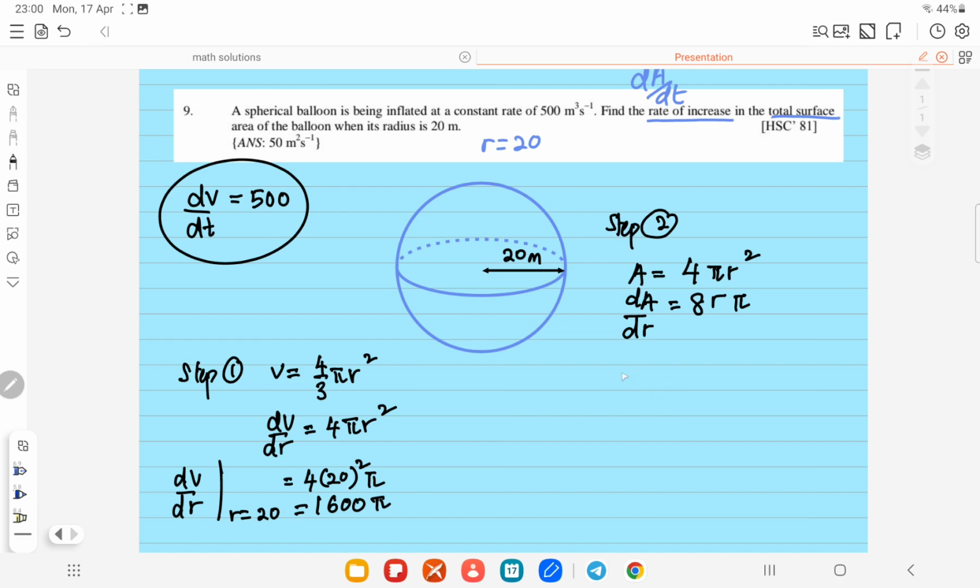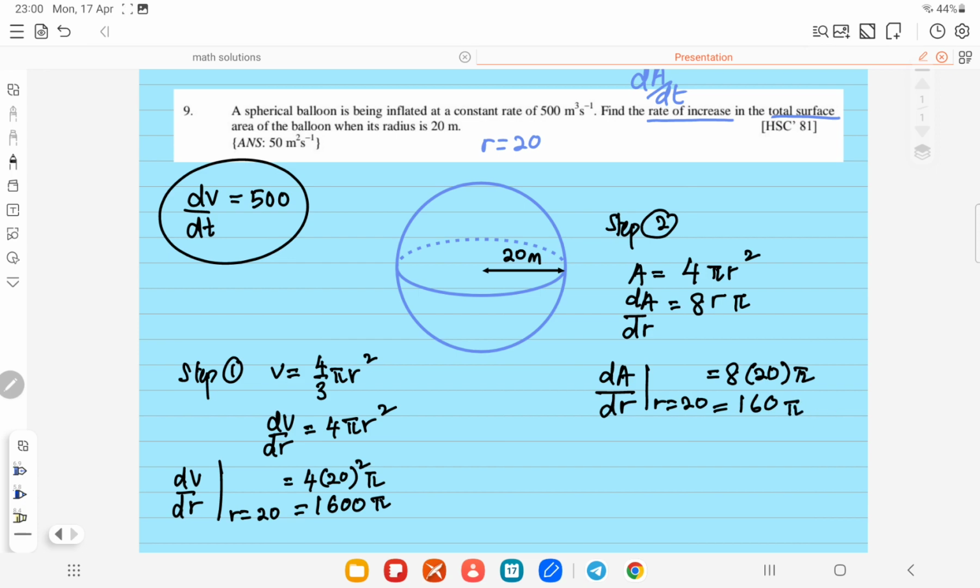Now we can calculate dA over dr where r equal to 20. So 8 multiply 20 pi, we get 160 pi.